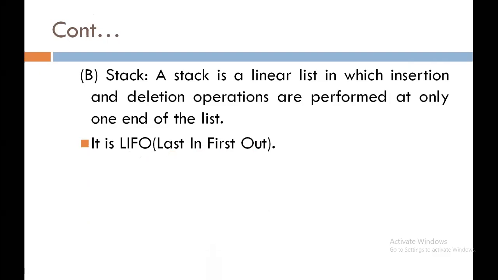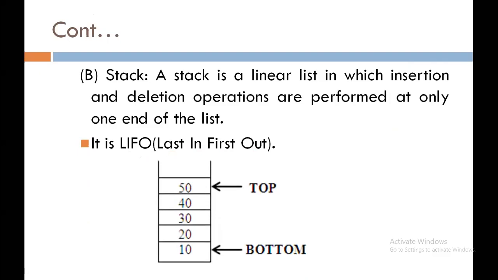Now, let's see this object with a diagram. This is a linear list which is open at one end and closed at the other end. For example, assume this list is empty, meaning there are no elements in this list.